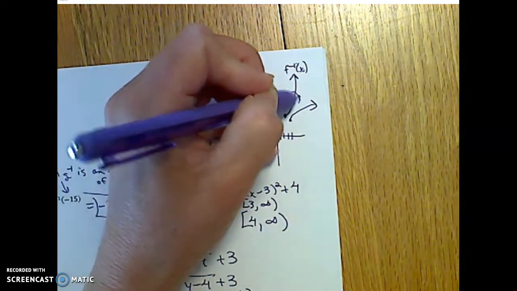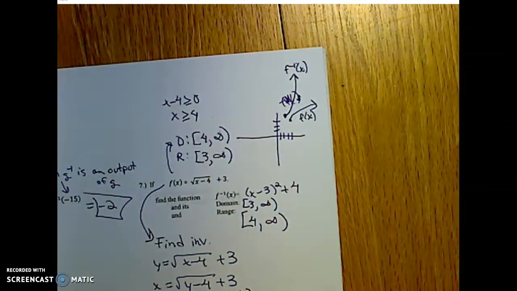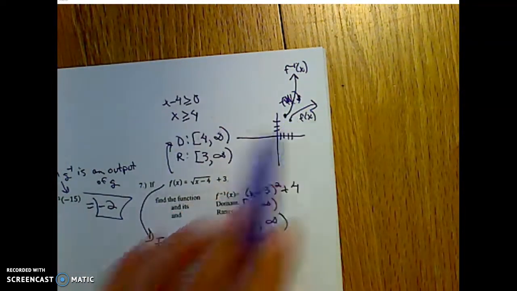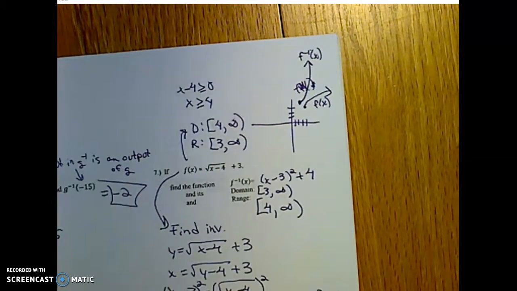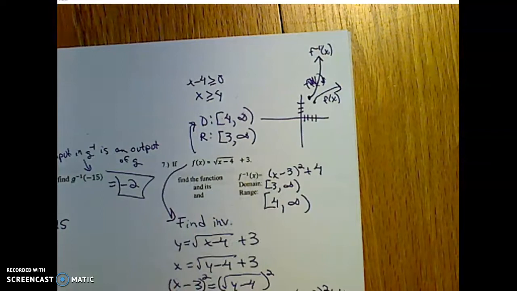And that should make this more clear. Here is my function, f of x. Remember, the inverse can never have more points on it than the original function. It can't get a larger domain or range than that original function.